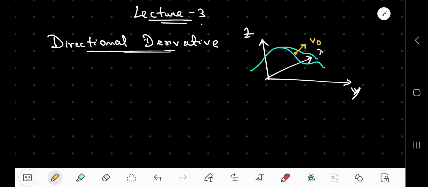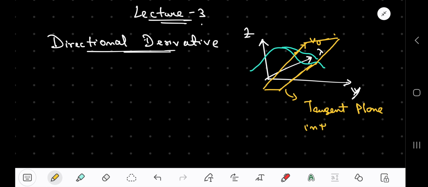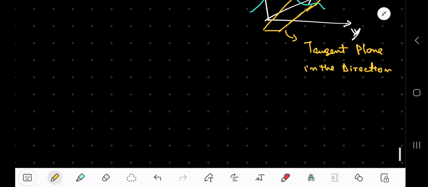So what I'm trying to do is construct the tangent plane at this point, in the direction of v naught, sorry, not v naught, x naught, as I have chosen the point.